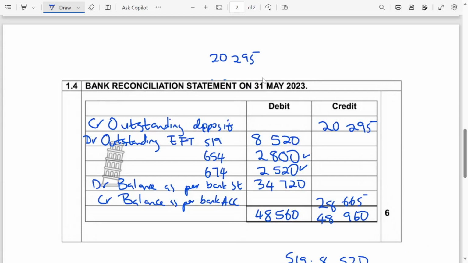Oh yes, we made a mistake here. 8,920. So now it is going to balance.